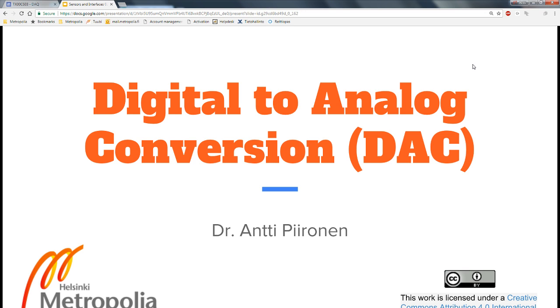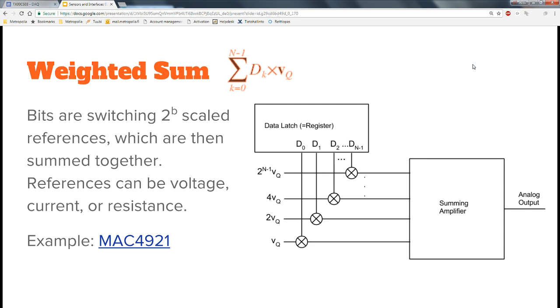I already told you how easy it is to make the digital to analog conversion. Yes, it is. For example, PSOC has a digital to analog converter by itself. Most of these high precision digital to analog converters are basically weighted devices.